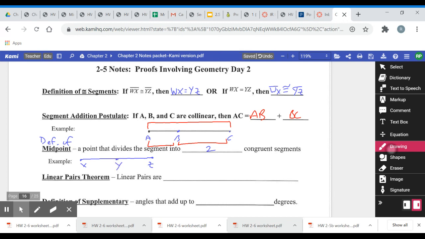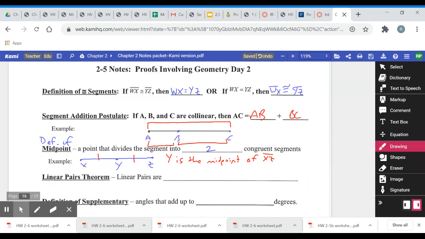And if I saw congruent marks on this segment and this segment, then I could say that Y is the midpoint of line segment XZ. Because if Y is the midpoint, then I know it's going to be congruent on each side.